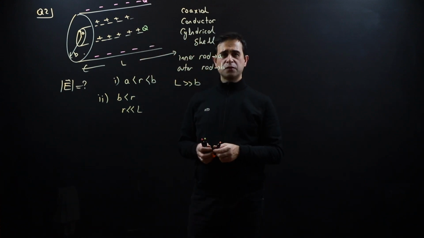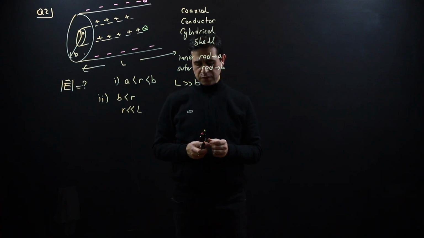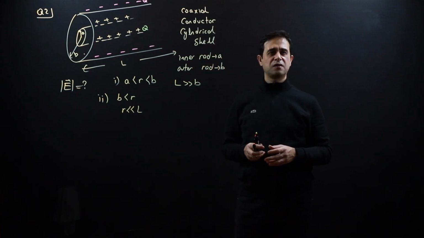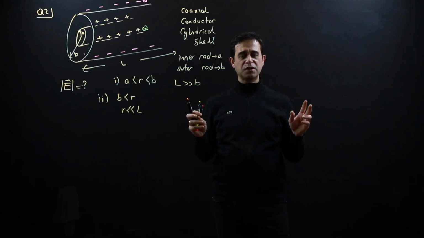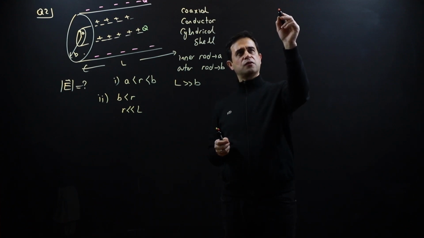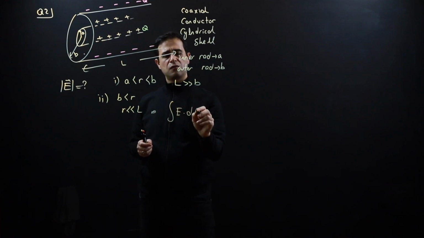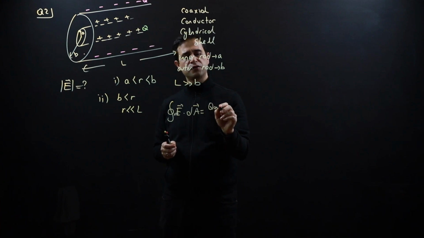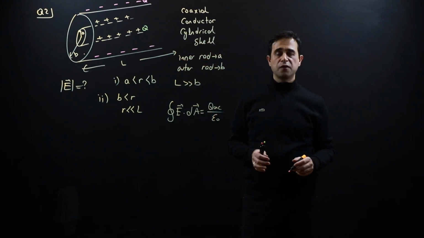Okay, so the first part of the question is kind of simple, and it looks like the previous case, but remember what the idea of Gauss's law was? In general, Gauss's law is the following: the integral of E dA for a closed Gaussian surface is equal to the enclosed charge inside the Gaussian surface divided by epsilon 0. So it's two things.